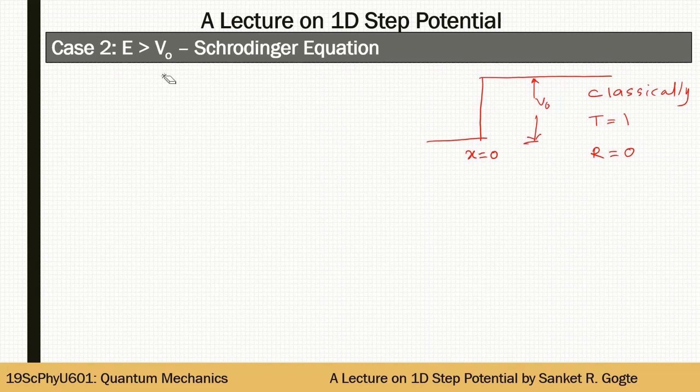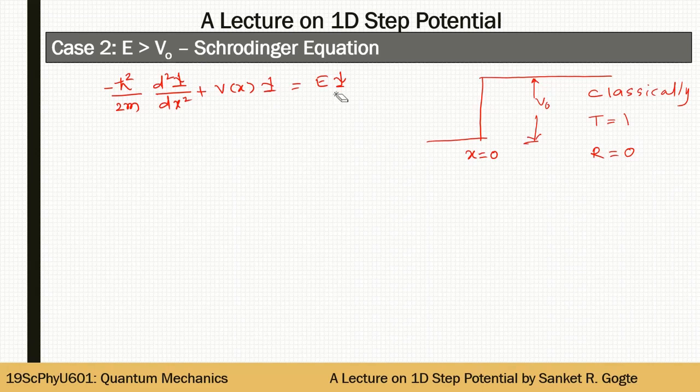So we of course will start by writing Schrodinger's time independent equation first. In general, it is minus h cross square by 2m d2 psi by dx2 plus V, which in general is a function of x, into psi is equal to E into psi. Remember, psi here is a function of x, so I haven't written it explicitly.